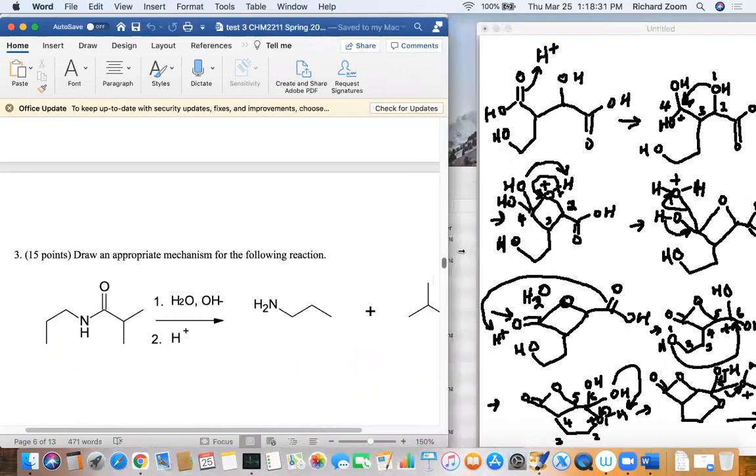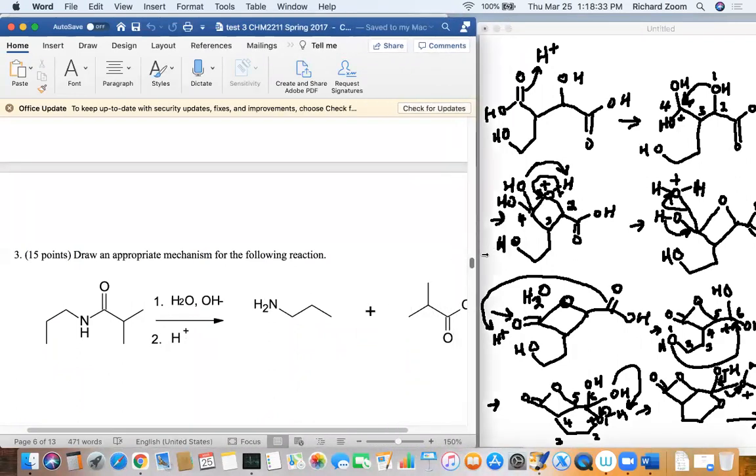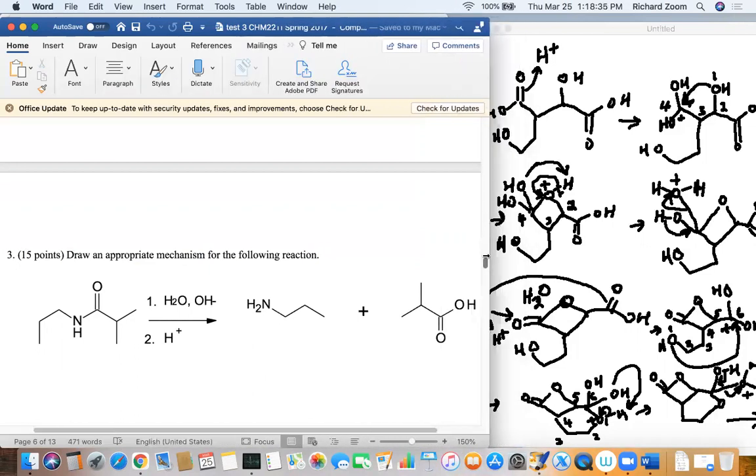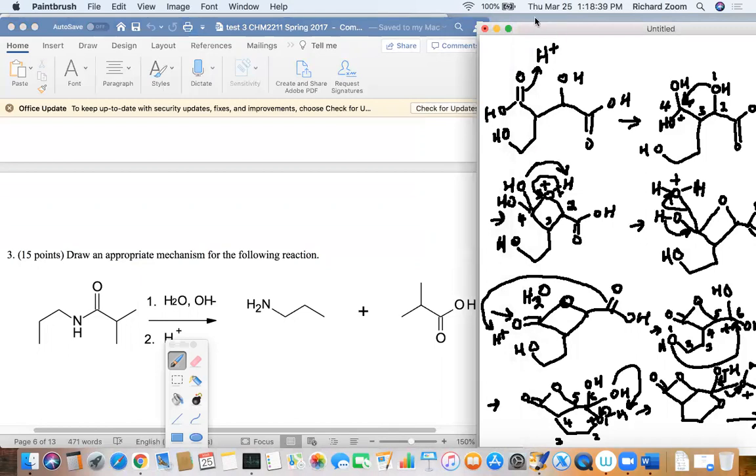So one of the products here is always a carboxylic acid. I always make it a carboxylic acid. It's a secret here. All right, so let's go ahead and follow the mechanism.